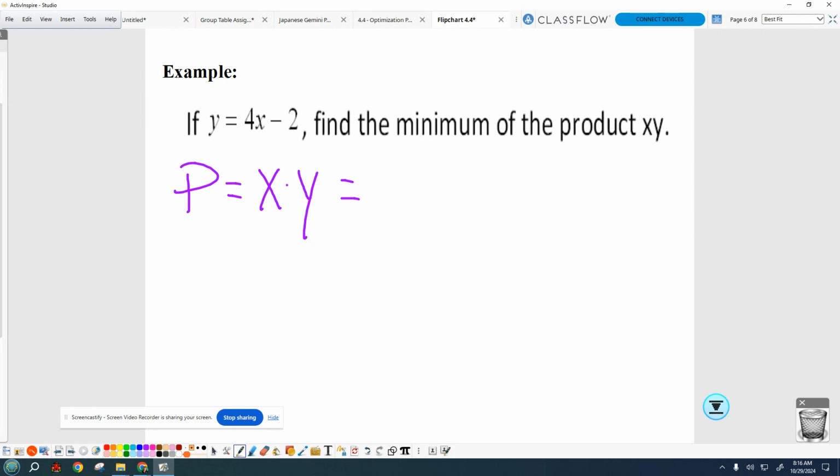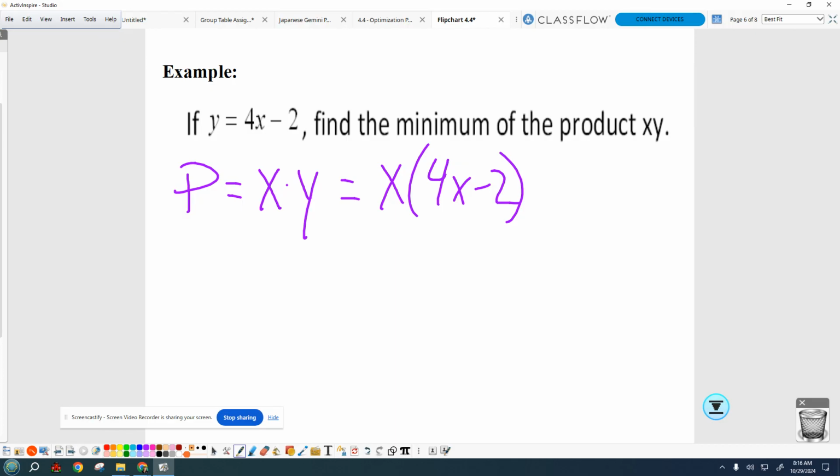Like in the very first one, we had perimeter with length and width, and we had to solve and swap out one for the other. I have an x and I have a y. You just have y equal to 4x minus 2. So instead of y, I'm gonna take what y equals. That's the equation that you want to maximize or minimize.